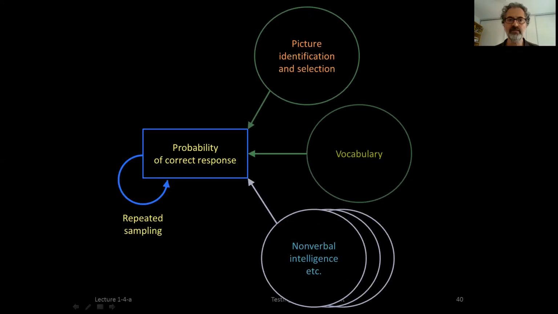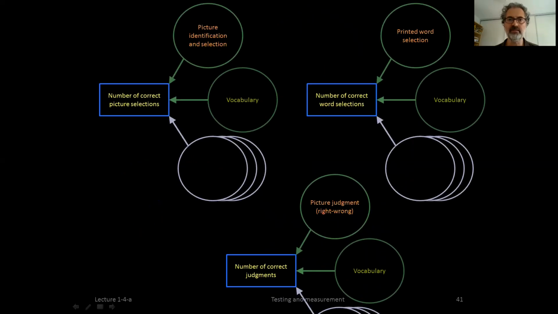The way to address this problem is to come up with different kinds of tests that assess vocabulary with different methods. So you could have another vocabulary test that doesn't involve pictures, but maybe words, or another test that involves nothing to look at, but just spoken definition, or different kinds of responses like saying yes or no, or things like that.